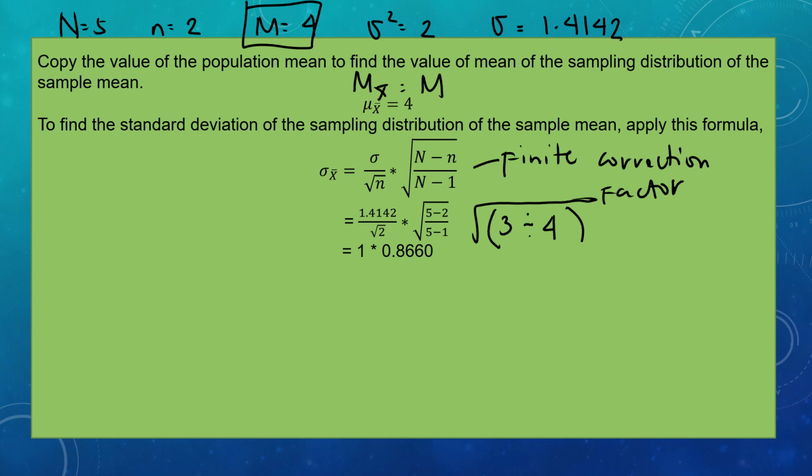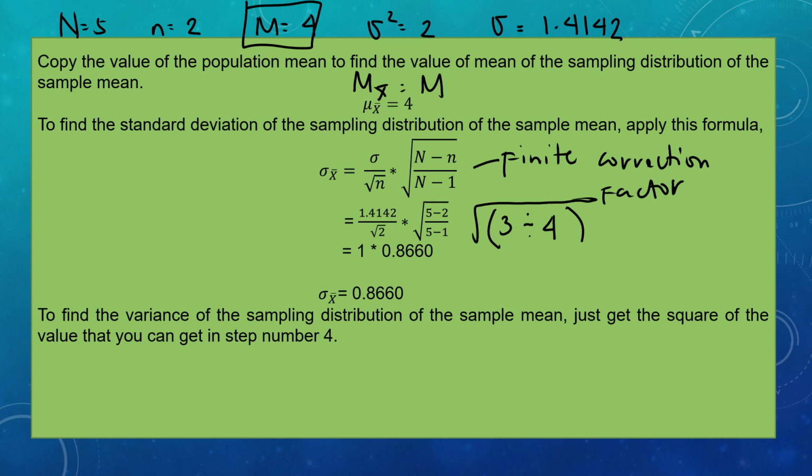Again, if you have a normal calculator, we can press square root of parentheses 3 divided by 4 close parentheses, and that is equal to 0.8660. So by multiplying 0.8660 by 1, it will be 0.8660. Therefore, our standard deviation of the sampling distribution of the sample mean is 0.8660.